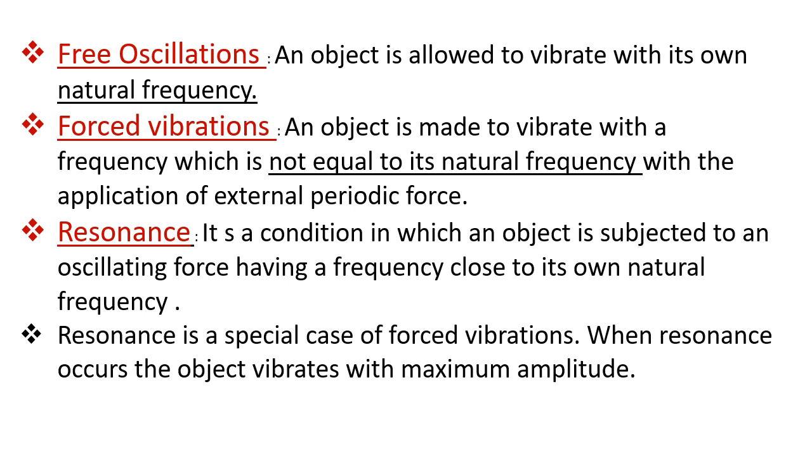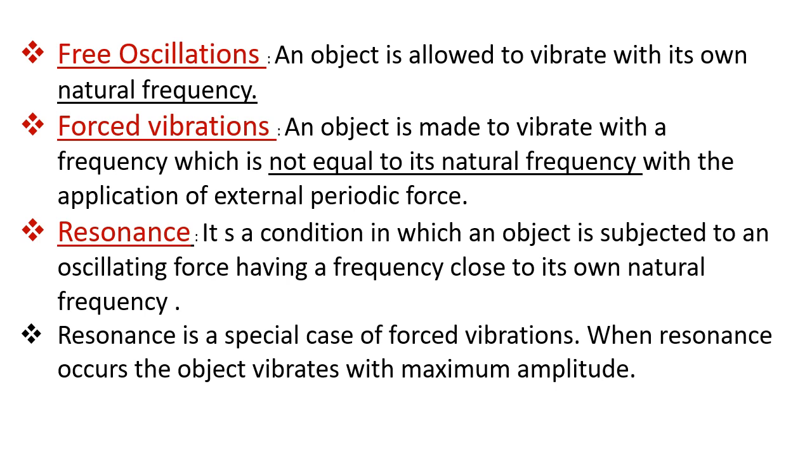So in case of forced vibration, the object is actually forced or compelled to vibrate with the desired frequency, which might not be equal to the natural frequency of the object, and many times it is not.